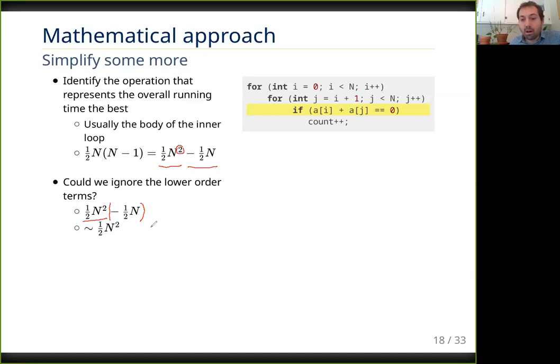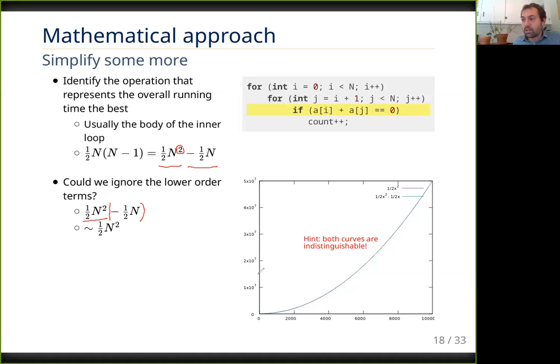And that you can plot very easily. Let me show you here. I plotted two curves, one that's essentially just half of n squared, and this one is half of n squared minus the lower term, half of n. And you see that as soon as we get to large numbers, which are not even that large, like 2000, the two curves are completely indistinguishable.